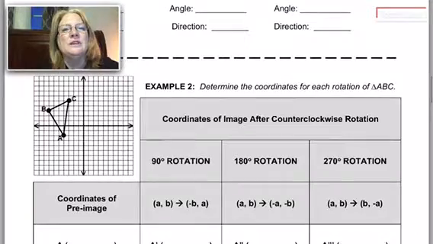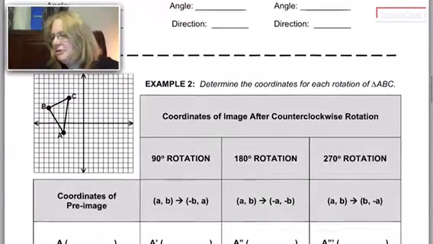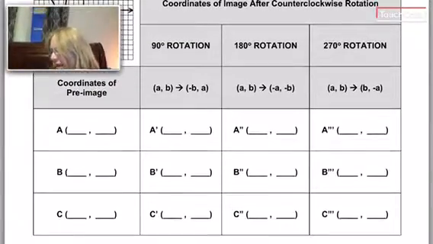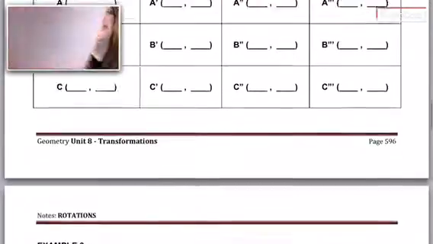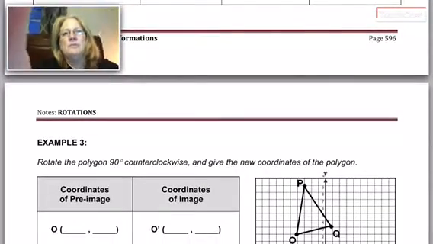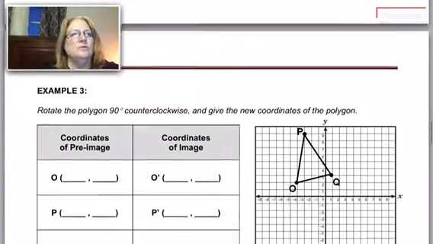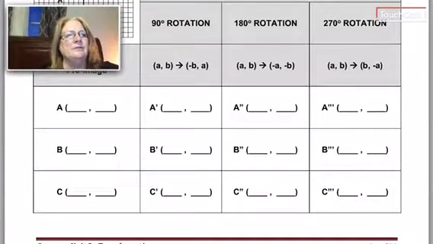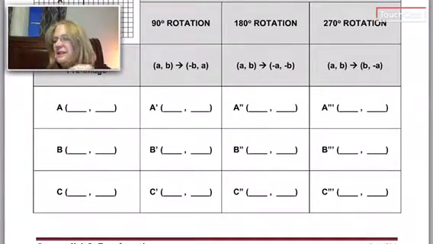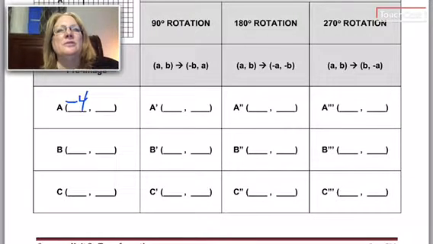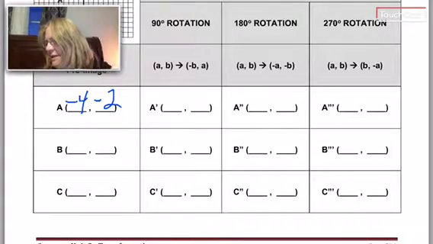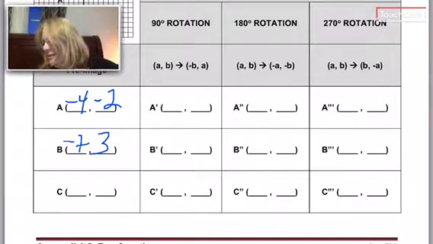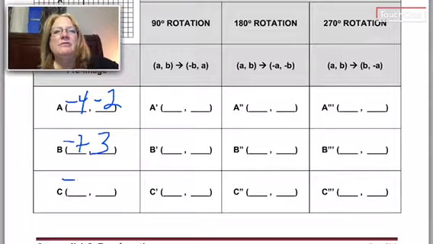So I'm going to write the coordinates from this picture right here if you want to go ahead and look at them. A was originally (-4, -2). And then we had (-7, 3), and (-3, 5).